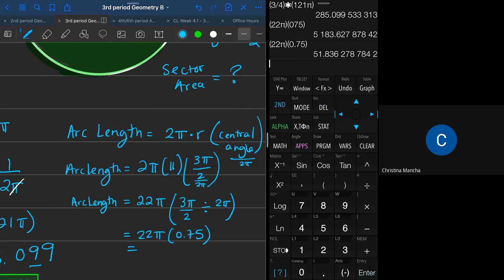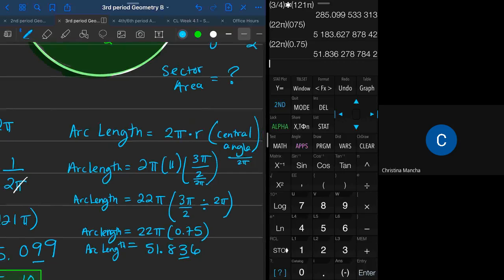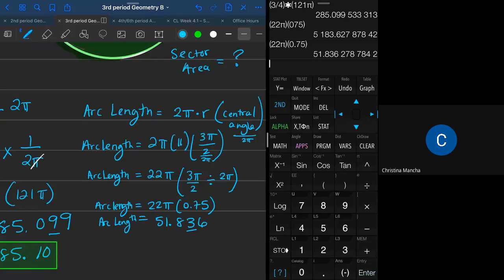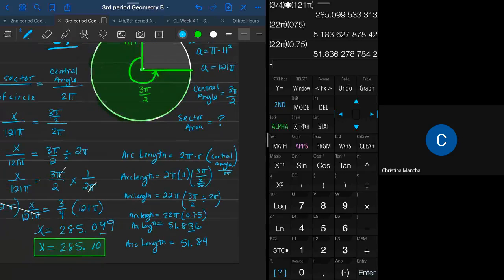And so then you'll have that your arc length is equal to 51.836, and we're rounding to the nearest hundredth, which means that the arc length is equal to 51.84, and it's feet.